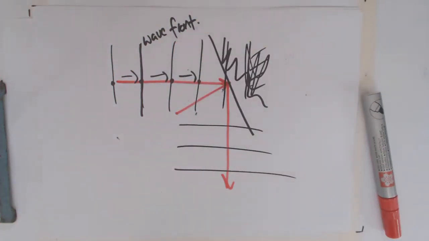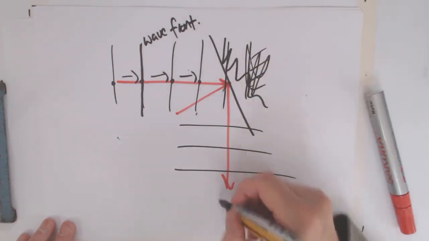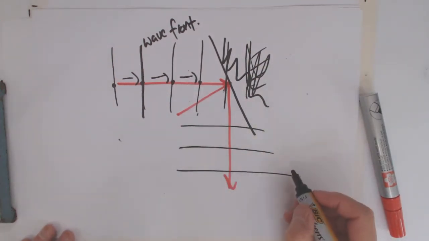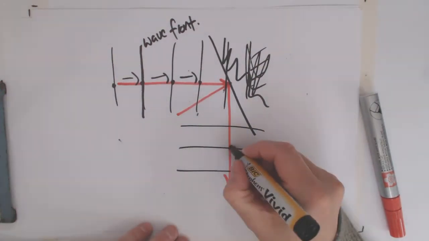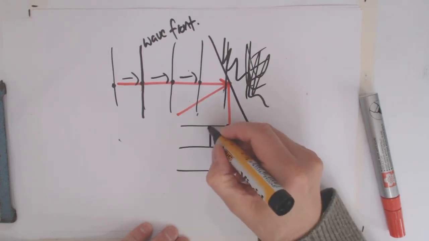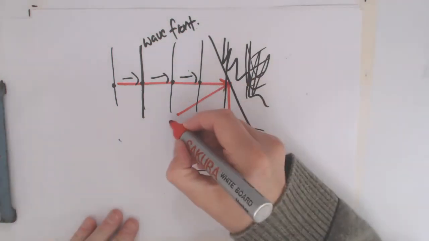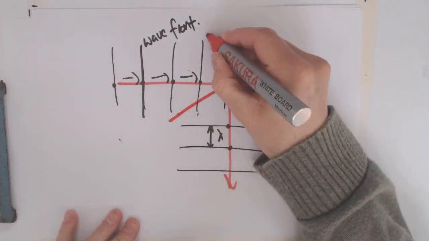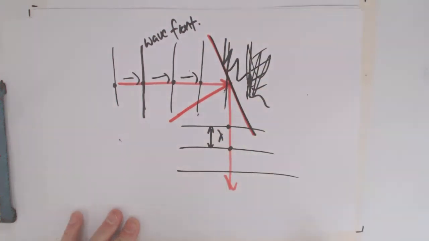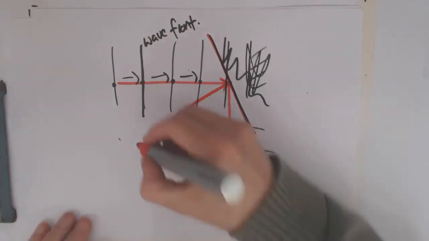Often we just draw the direction the waves go in, which is these arrows, but always remember we've got wave fronts, and if I characterize those as being on the crests, then this is your wavelength. Now there's another thing I drew in here, this big thing here, which is perpendicular to the surface where the wave strikes, and that is called a normal.